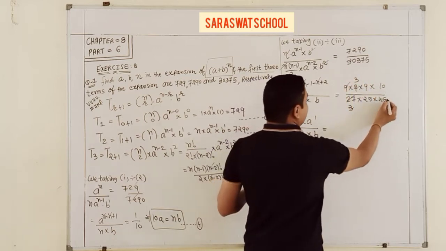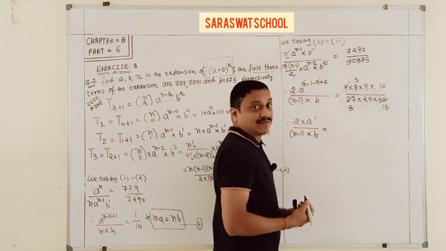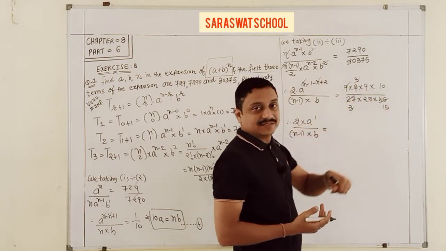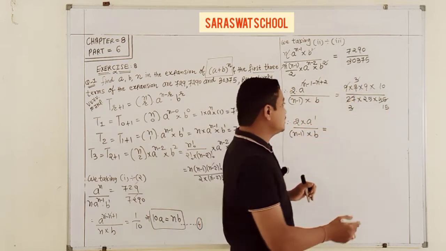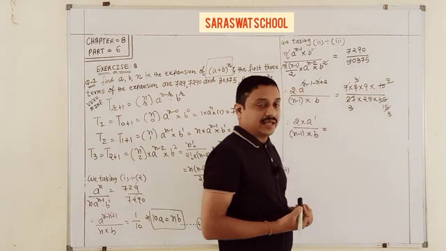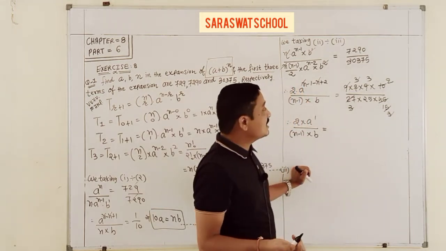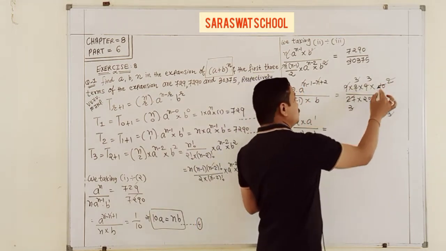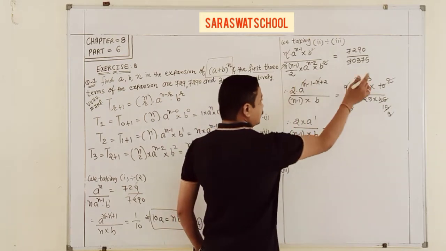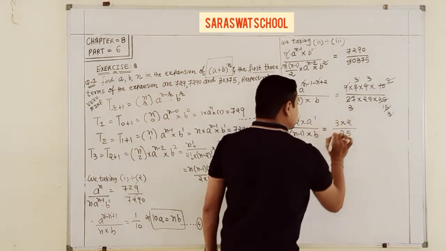Now here 15 5s are 75, 15 3s are 45. These 3s are gone. Again calculate, and this 2 and this 2 also gone. Here I write down, don't worry: 3 into 2 by 25. Now again the 2 cancels.